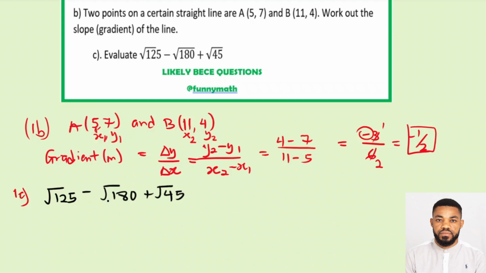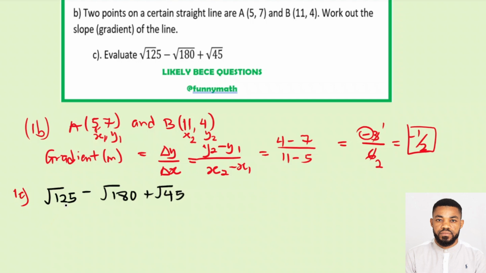Now, we are going to break these numbers down, 125, 180, 45, down to the simplest form that we can't even do anything about again. But you should know that you should always try to look for two numbers that when you multiply, you get these numbers. And if you're fortunate to get a perfect square in the numbers, then that'll be very, very good for you to make the work easier. If you don't get a perfect square, no problem, we can still do it. So now let's move on.